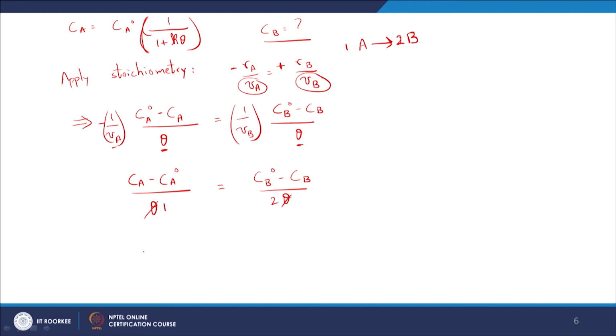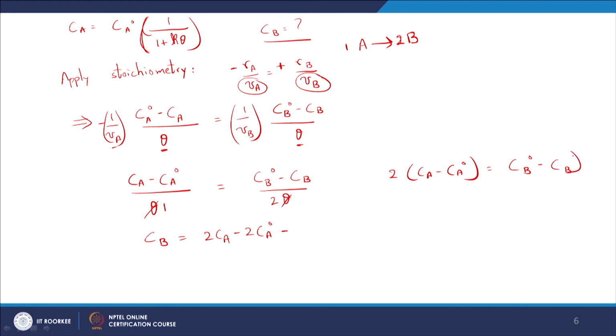So again what do we have here? We have Cb is equal to 2 times concentration of A minus 2 times concentration of A naught, or the initial value, minus, or are we going to have a minus term here? One second please, let me simplify that for myself. 2 times Ca minus Ca naught is going to be equal to Cb naught minus Cb.